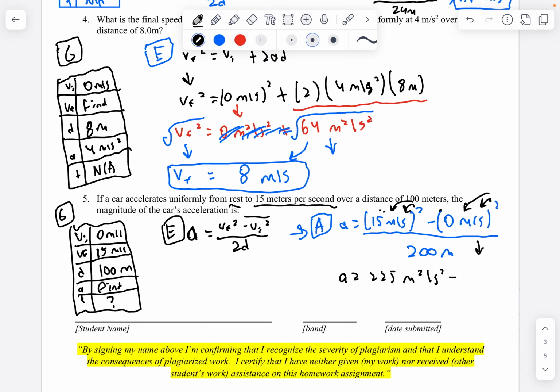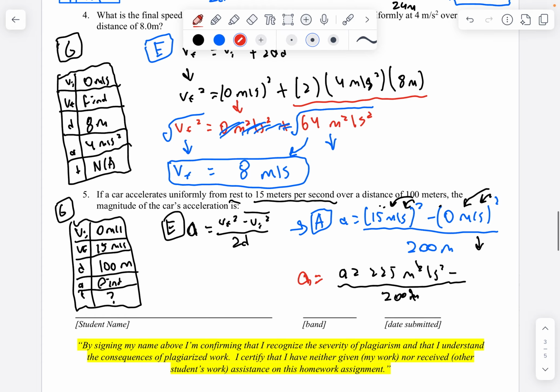So 225 meters squared per second squared over 200 meters. And remember, the units are important, so this cancels out with that. And so that's why we get meters per second squared. And again, we're trying to find acceleration, so it makes sense. What's 225 over 200? 1.13.